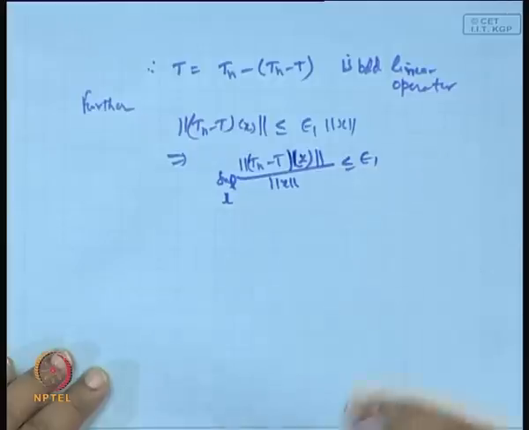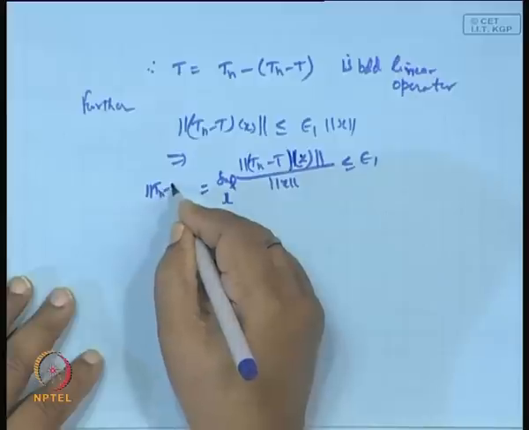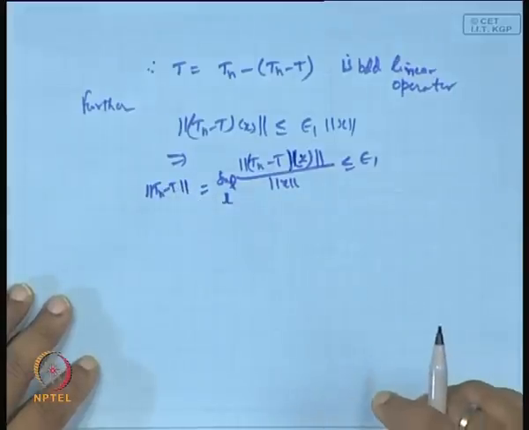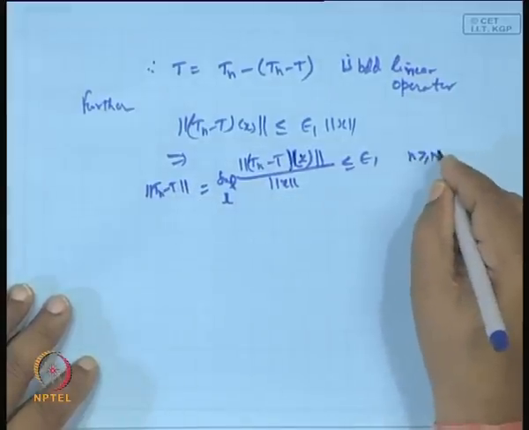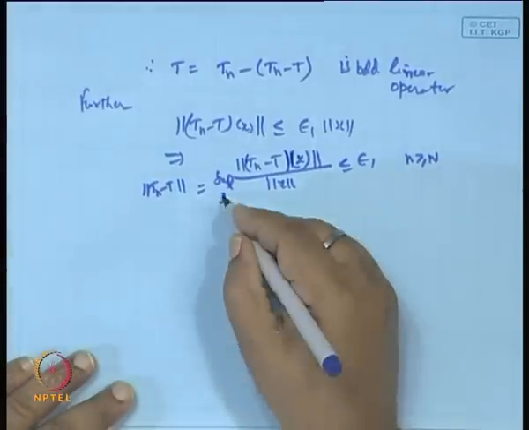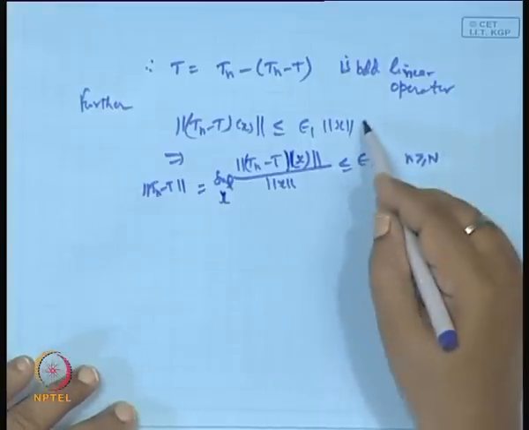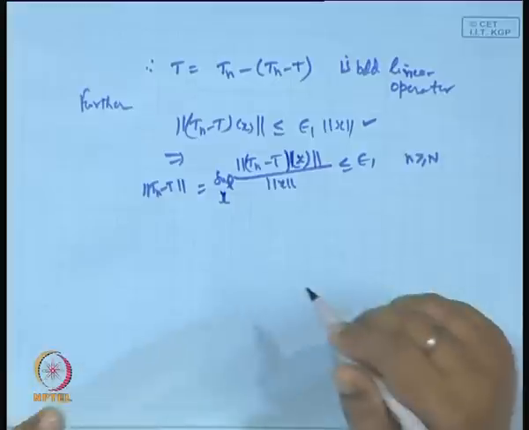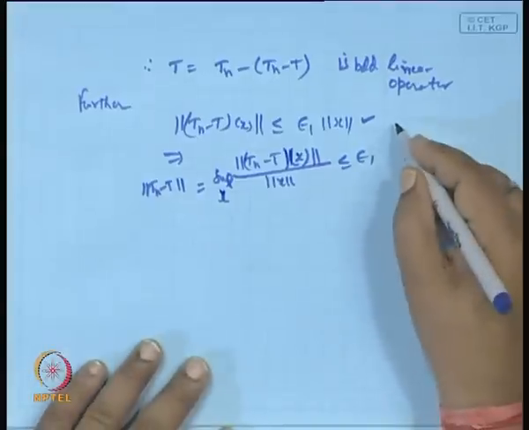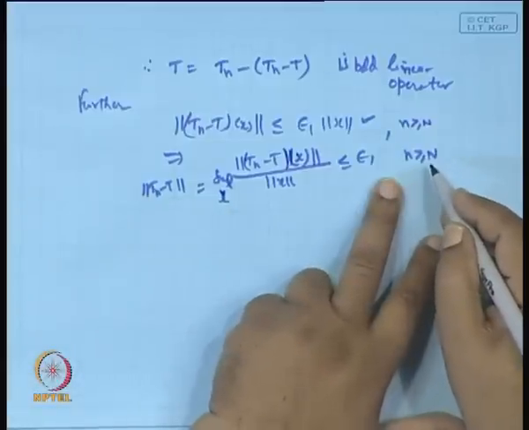Is it not less than this? Which is equal to the norm of Tn minus T for n greater than or equal to capital N. Sir, we are taking the supremum over x as this condition is valid for all x. The supremum is taken for all x, and this is true for n greater than or equal to N.